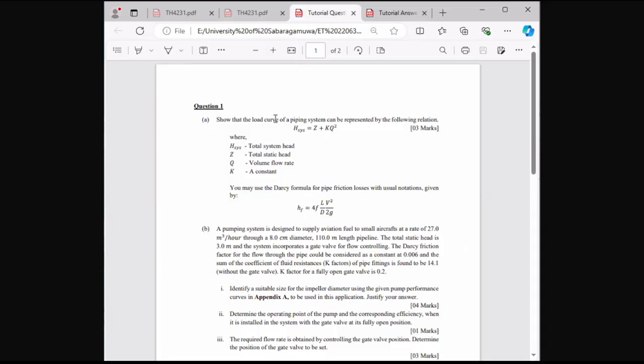The first one is: show that the load curve of a piping system can be represented by the following relations. You need to derive this equation. If you want the lecture note, I will share it now.